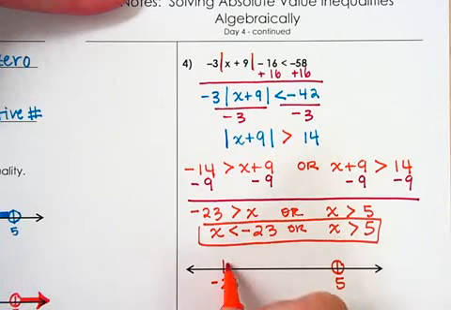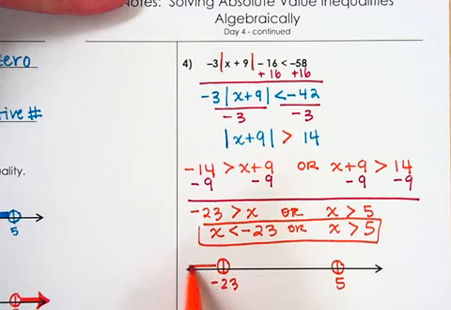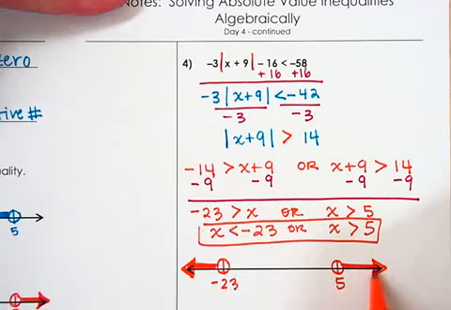Again, we have open circles for these because we're just greater than, less than, not equal to. And then the or, x is less than negative 23, so I'm going to graph to the left. And x is greater than positive 5, so I'm going to graph to the right. I'm going to throw a 0 in there. You can.